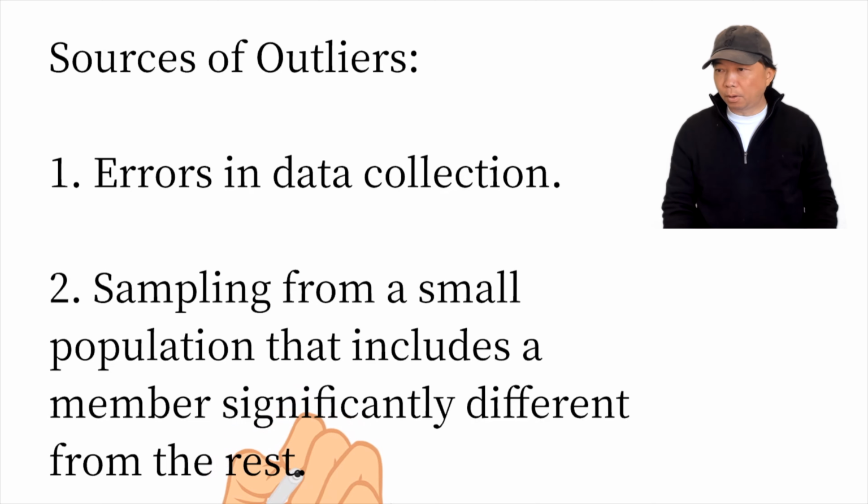However, for a maverick or unusual observation within a population, deciding whether to keep or drop it can be challenging. The reasons for the existence of outliers are not always immediately clear. Therefore, it is a good idea to report results both with and without the outliers.